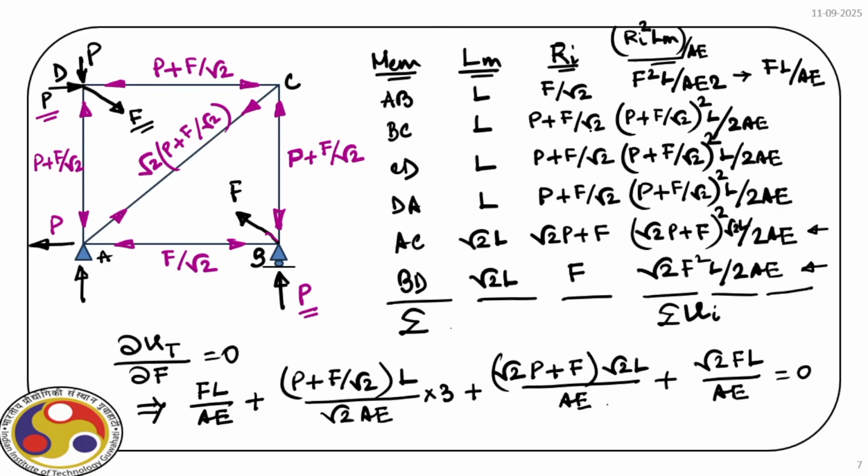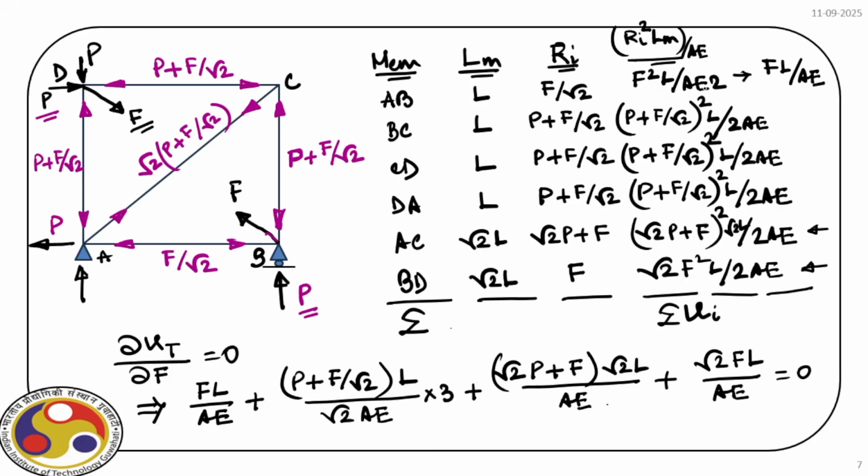And for truss problem, if we make a chart, that is much easier to manage because we have different member forces and we can identify the length of each and every member and the member force, and the moment we do that, we can easily find out the total strain energy, and that if we differentiate with respect to the unknown force, we can solve the problem.